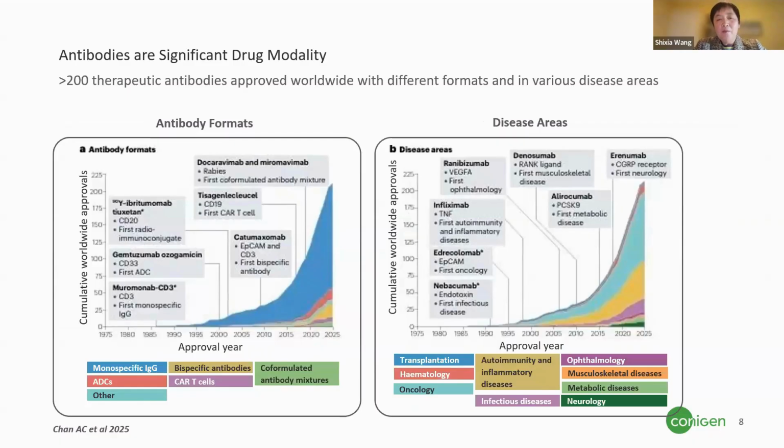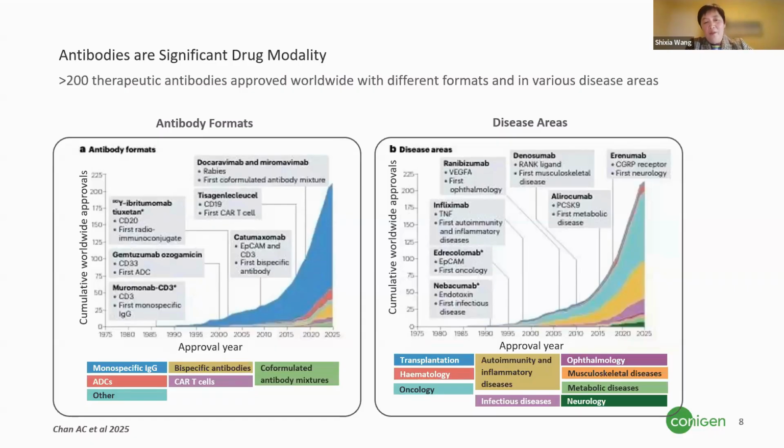So this one is showing that since the first therapeutic antibody was approved in 1986, in the last 40 years there are over 200 therapeutic antibodies approved worldwide. Those antibodies cover different therapeutic areas and also have different antibody forms.